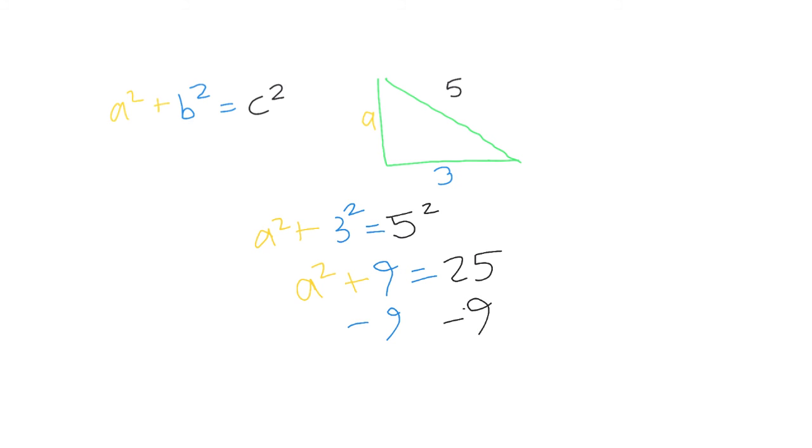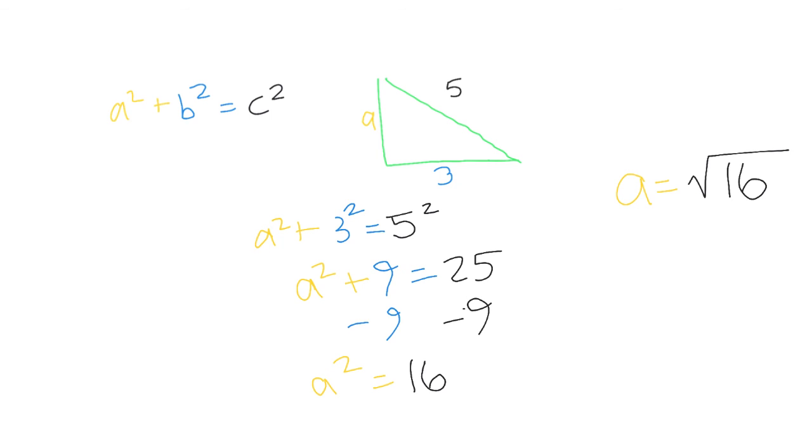And A squared equals 16. Okay. And now if we take the square root of both sides, A equals the square root of 16.